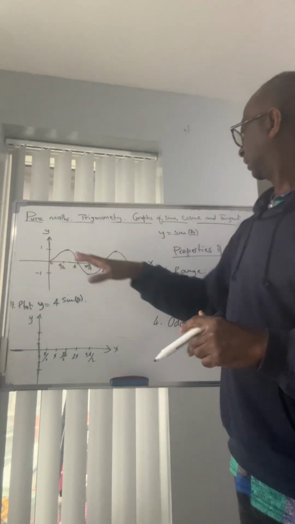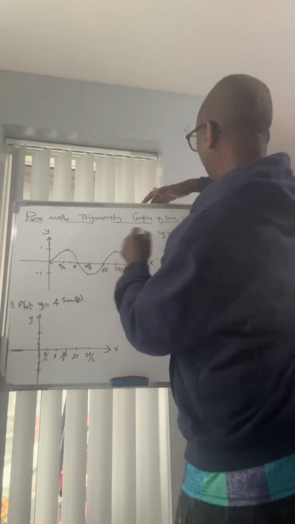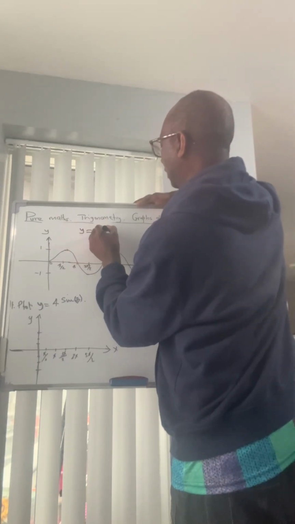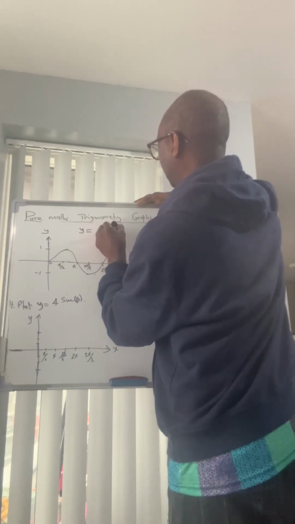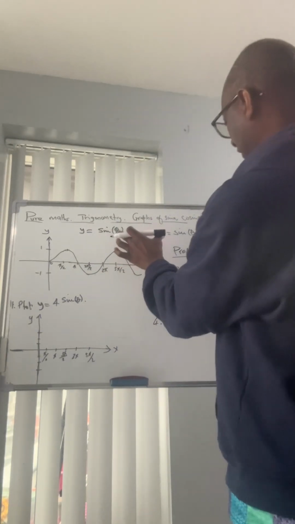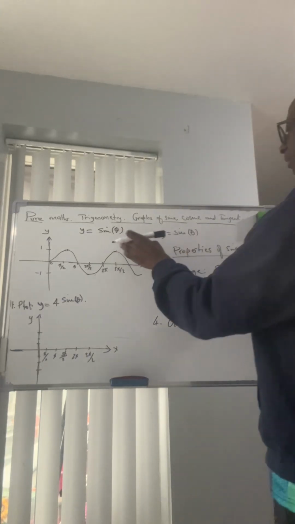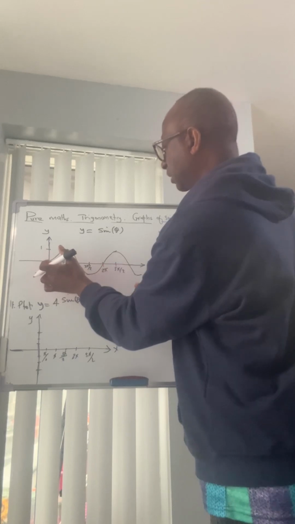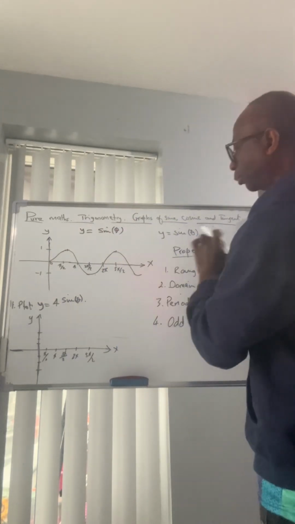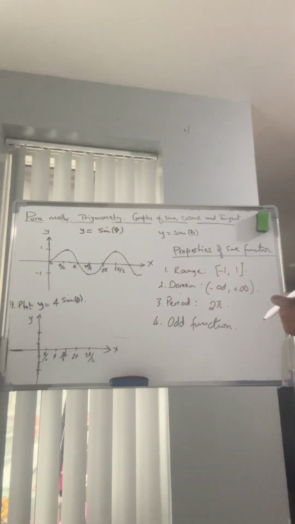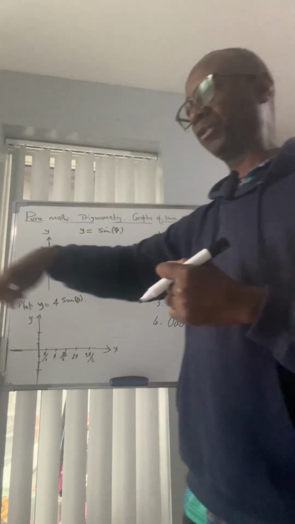Now, this one we said, this is the graph of y equals sine theta. Let me put it here, y equals sine of theta. I did not specify the domain, but we start from 0 to 2 pi, or 0 degrees to 360 degrees, one complete revolution of a circle, right?